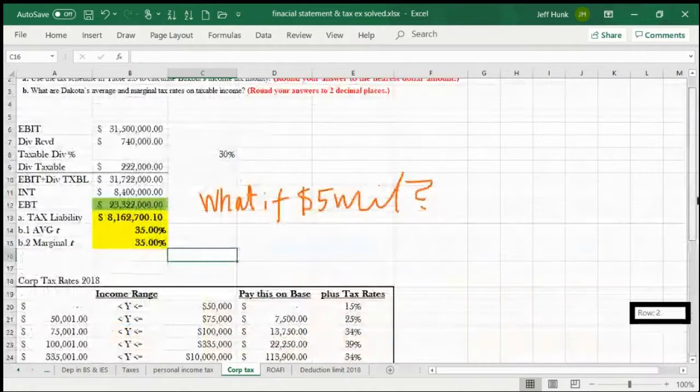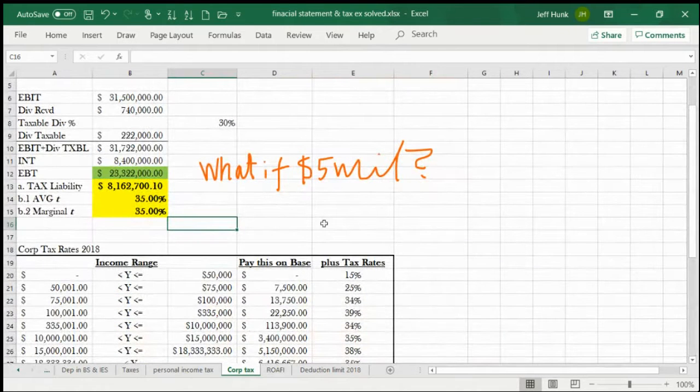So I made a slight change to make the table a little more organized and less complicated.